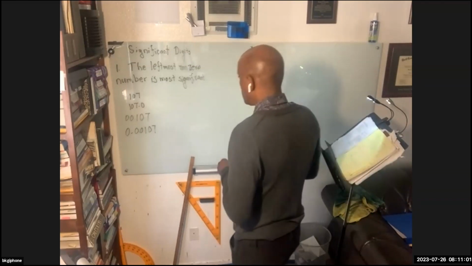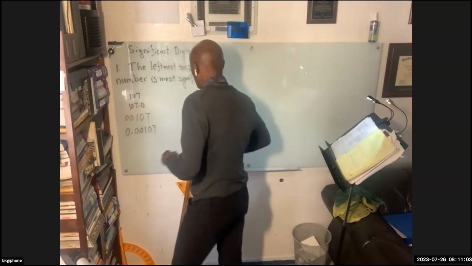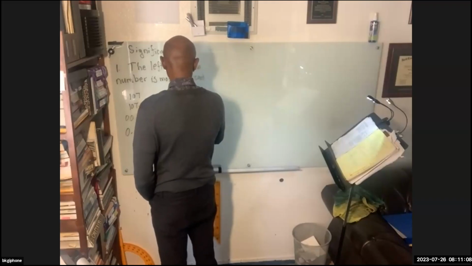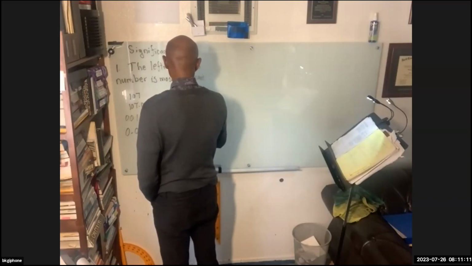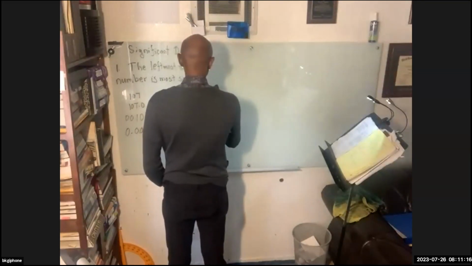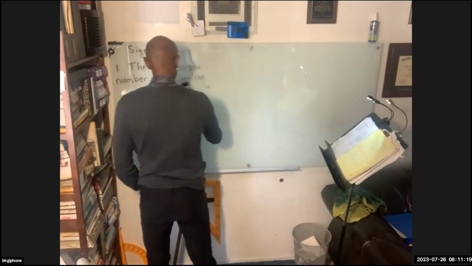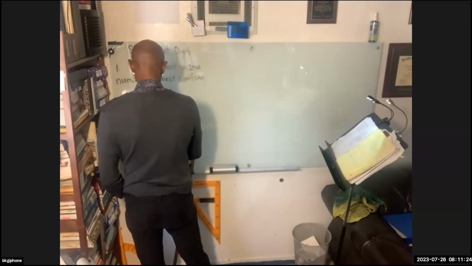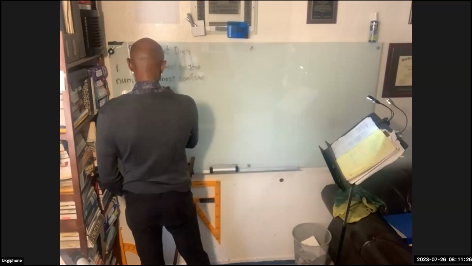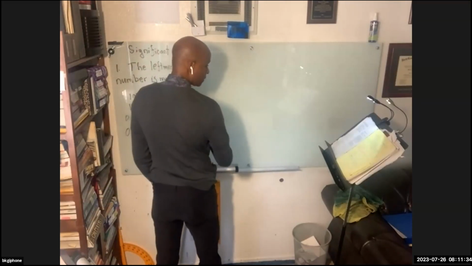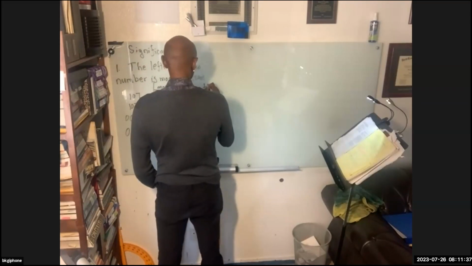And so let's also do something here. We'll do the most significant number, the least significant number, and the total number of significant digits in the number.